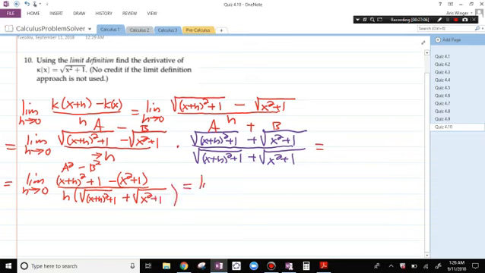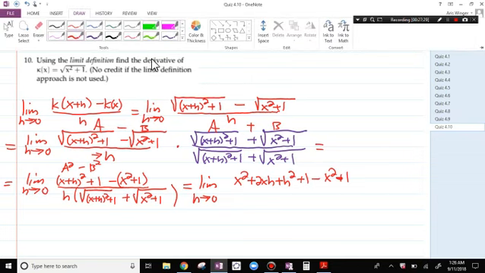This is equal to the limit as h tends to 0. And when you square x plus h squared, you FOIL out and you get x squared plus 2xh plus h squared. The ones cancel, but we'll write this plus 1 minus x squared plus 1. I'm sorry, it's minus 1.